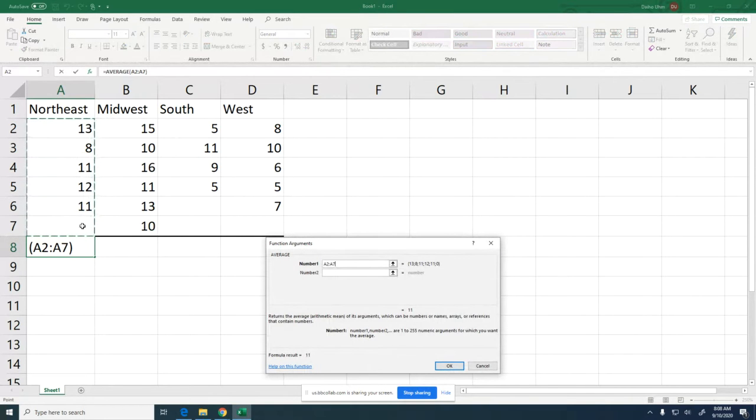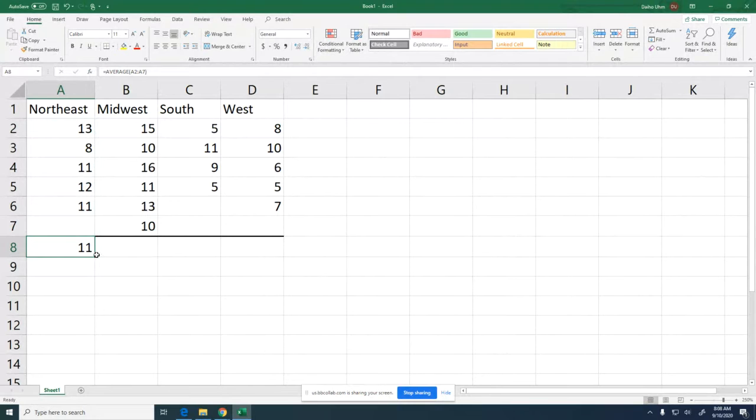The last cell is blank, so even though I selected from A2 to A7, Excel ignores the last cell because it is blank. That is 11, and copy to the right. Those are the averages, the Xi bars.